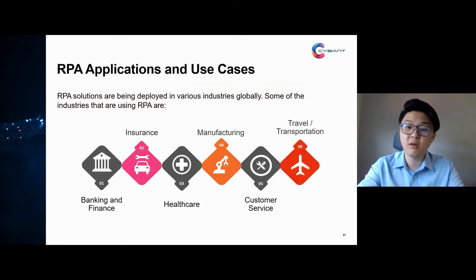And the last one is travel and transportation. RPA helps streamline order management processes, enables real-time access to customer information, and links external supply chain applications to internal tools. RPA implementation optimizes the order distribution cycle to ensure seamless and error-free operations.